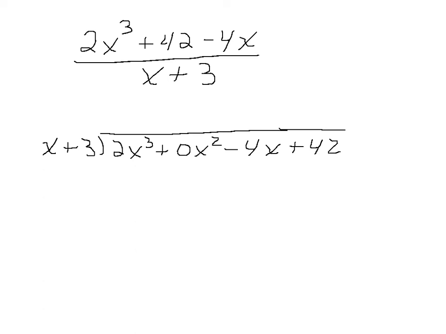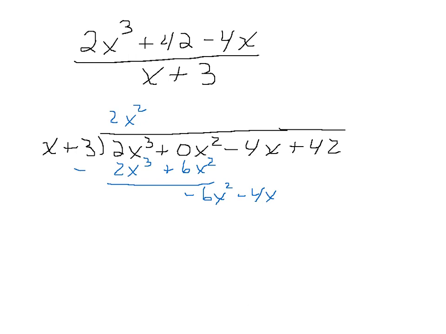So now we can go ahead and do our division, and we divide x into 2x cubed, and we get 2x squared. We multiply, and we get 2x cubed plus 6x squared. We subtract, minus 6x squared, bring down the minus 4x, and we repeat.